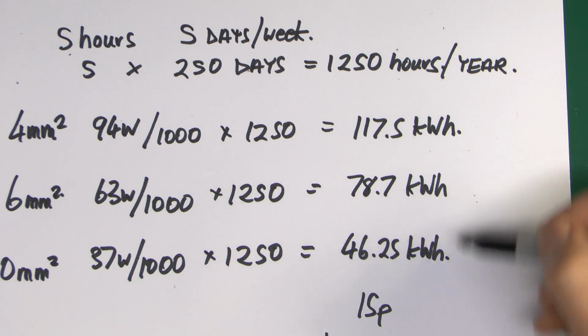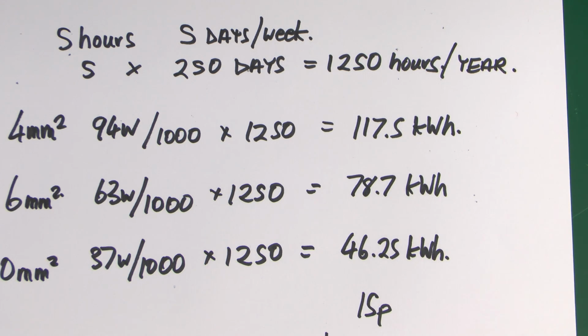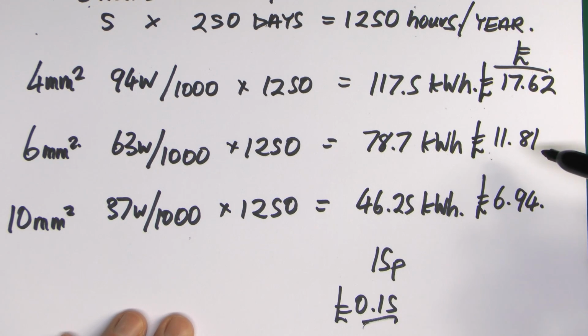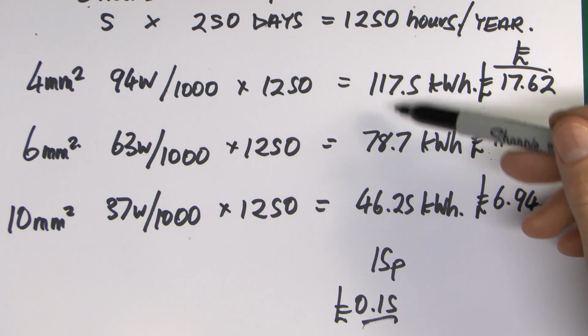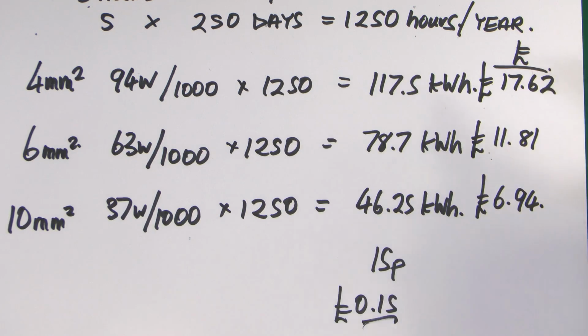And then to get the cost of this per year, all we need to do is multiply these by our 15 pence per unit. So our costs per year are basically just the kilowatt hours multiplied by 15 pence. For the 4 millimeter cable, £17.62 per year, just in the waste in the cable itself. For the 6 millimeter, £11.81, and for the 10 millimeter, £6.94.